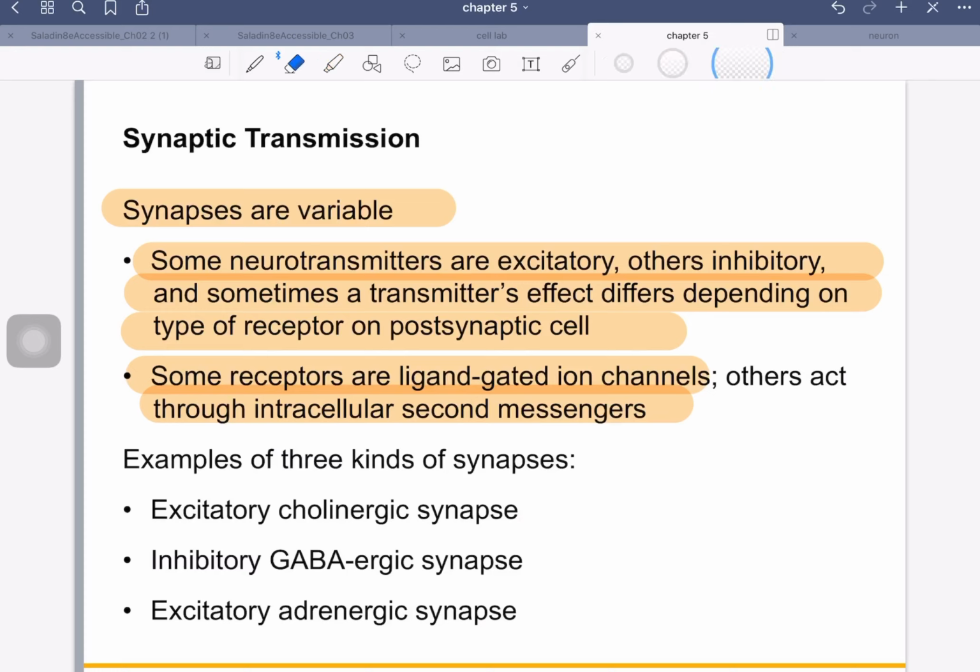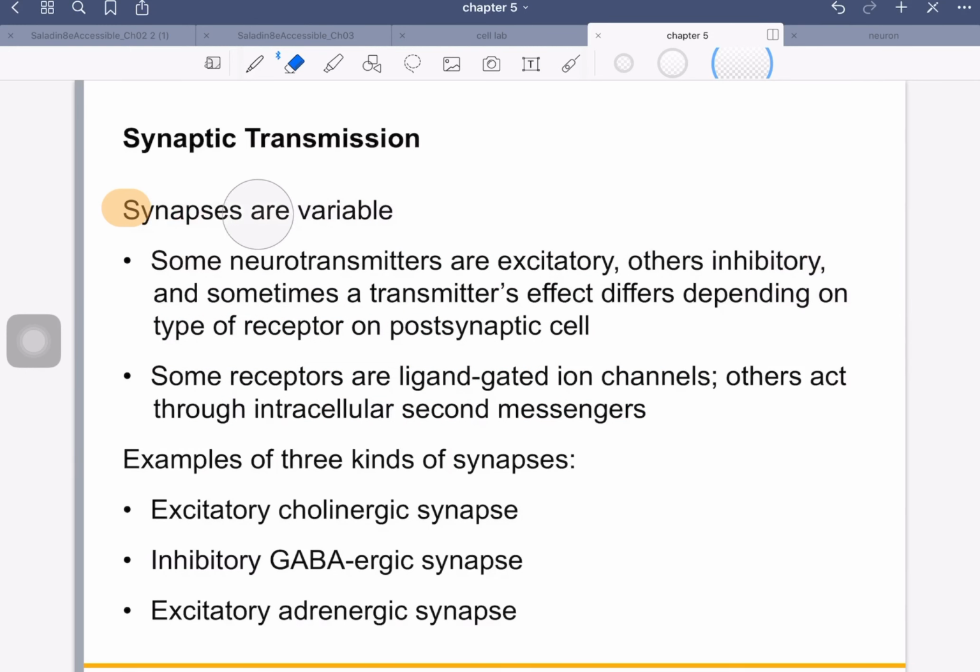Now we can have a look at some of the major kinds of synapses that we can come across. Let's look at examples of three kinds of synapses. We have the excitatory cholinergic. When you hear cholinergic, think about the name. It sounds like acetylcholine, and you're right, it is. We have the inhibitory GABAergic synapses.